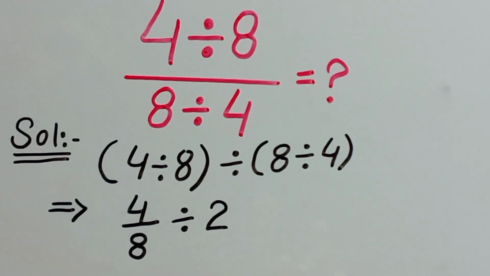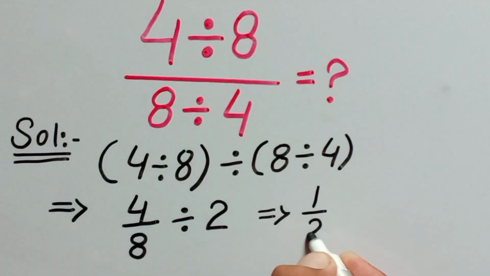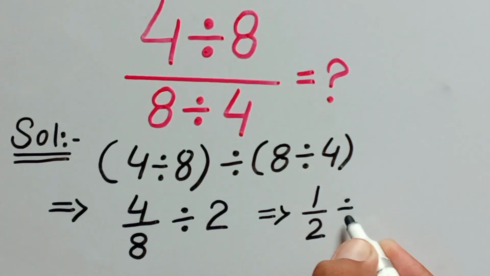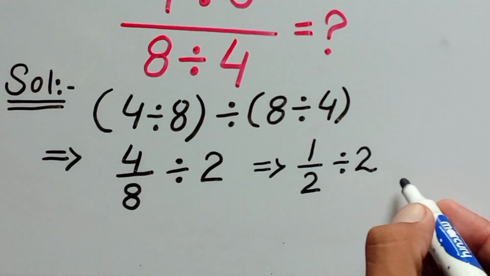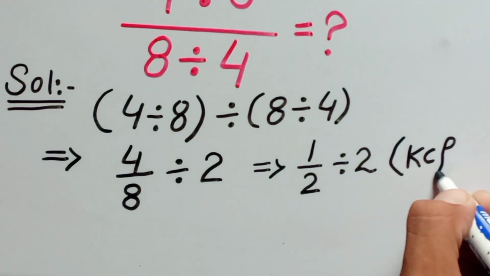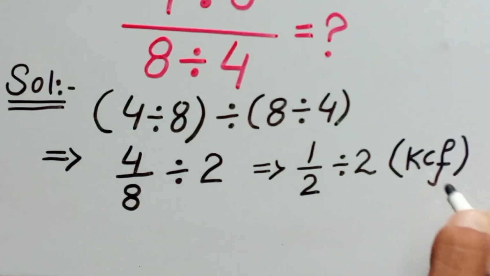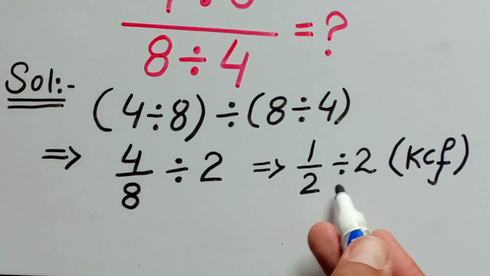Now guys, in the next step 4 divided by 8 cancel with each other and the answer is 1 divided by 2 divided by 2. Now guys, according to the KCF rule, K stands for keep, C stands for change and F stands for flip.